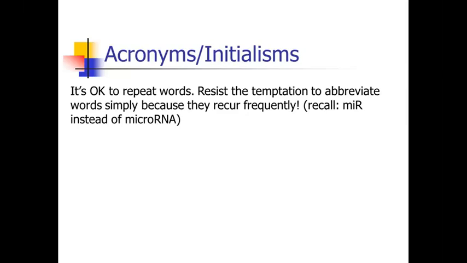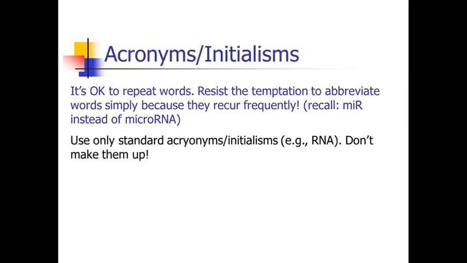I just tend to refer to them all as acronyms, but I'll point out that distinction. So you can see that using MIR in this case rather than microRNA was really unnecessary. It only saved a few letters, and the reader is not going to know what MIR is. It would have been easier for the reader if you just repeated microRNA.